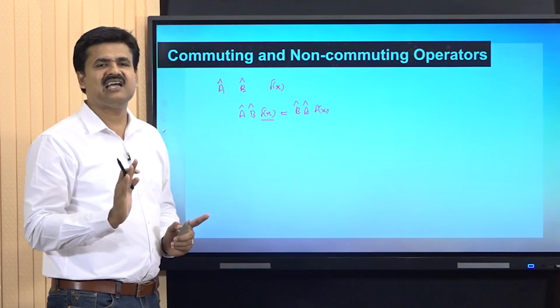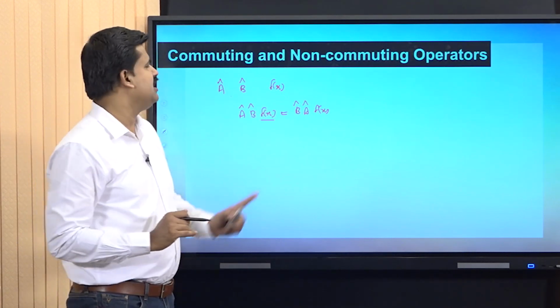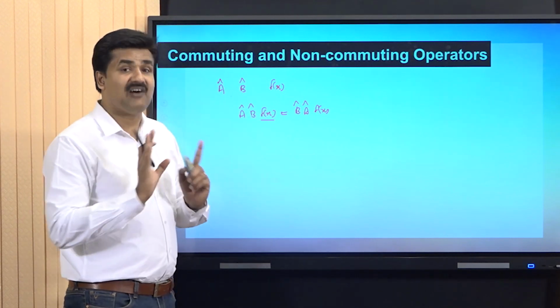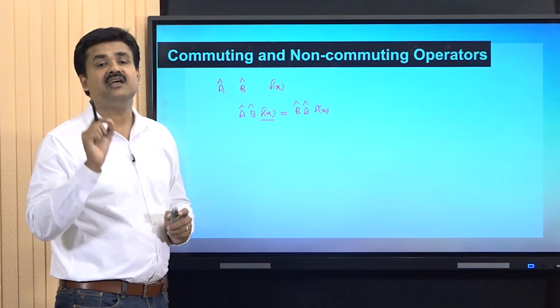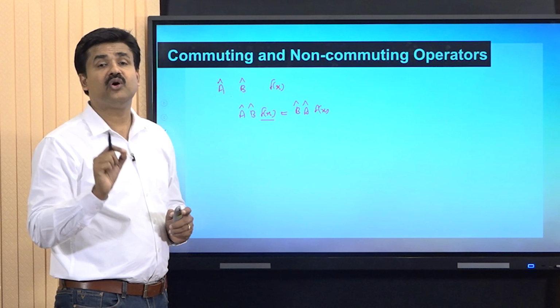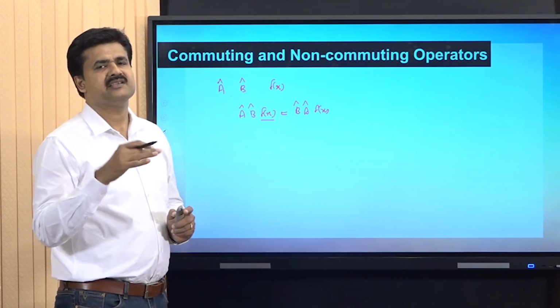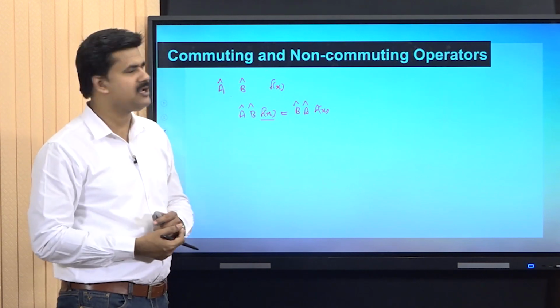Then A hat and B hat are said to be commuting. If this is not valid, A hat and B hat are said to be non-commuting operators. So, there are commuting operators and there are non-commuting operators.